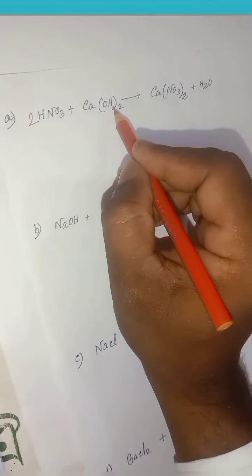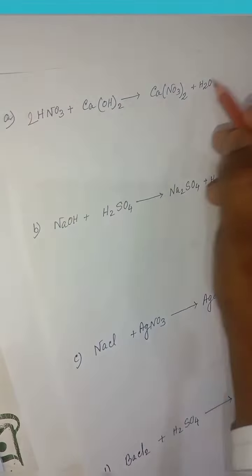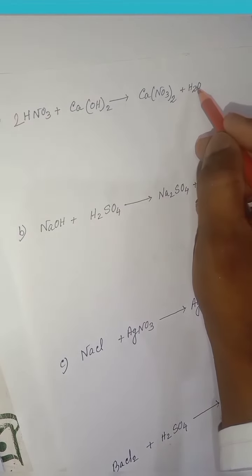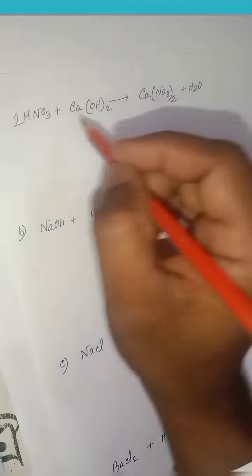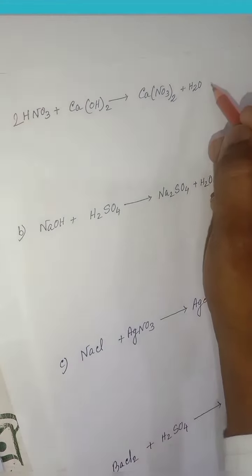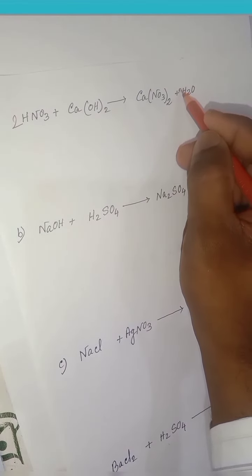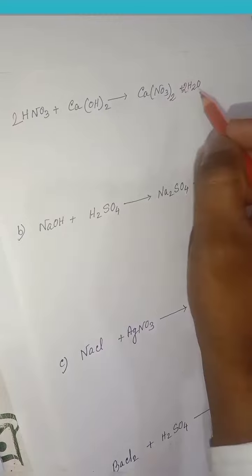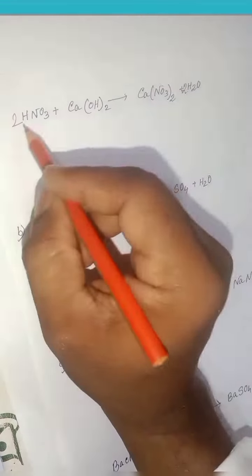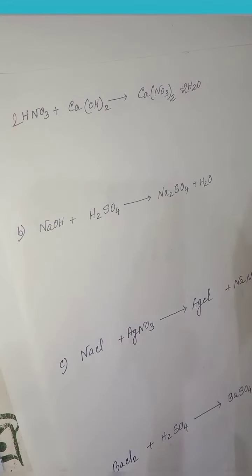The number of hydrogen on the left is 2 plus 2, that is 4, but on the right-hand side the number of hydrogen is 2, so multiply by 2. Now hydrogen is 4 on both the reactant and product sides.